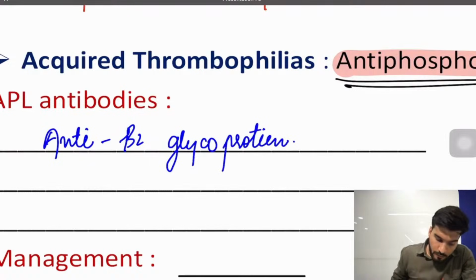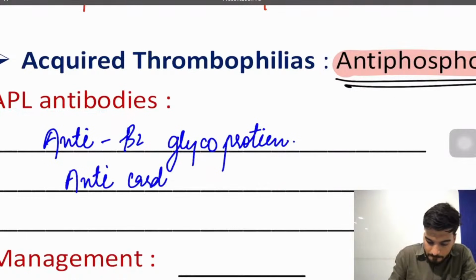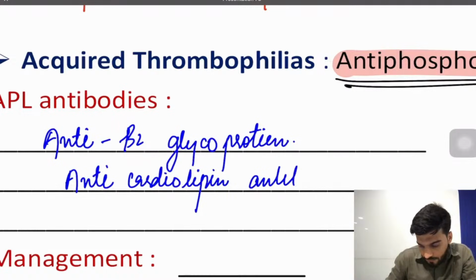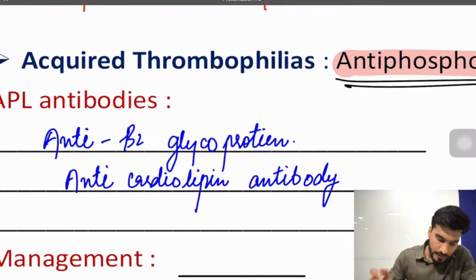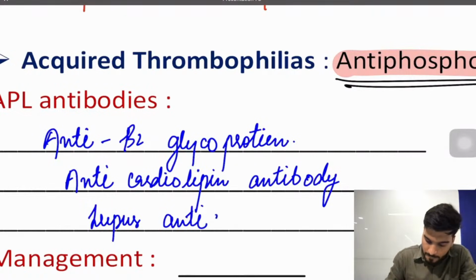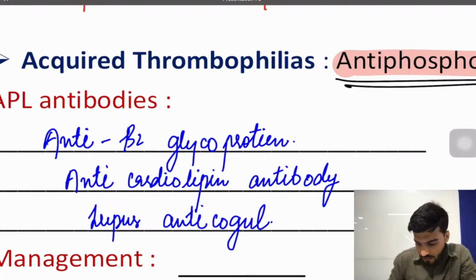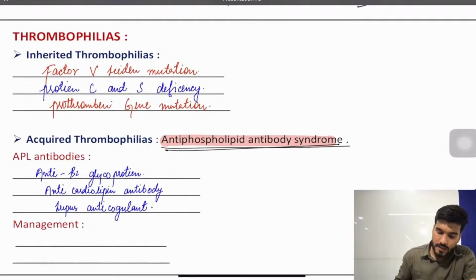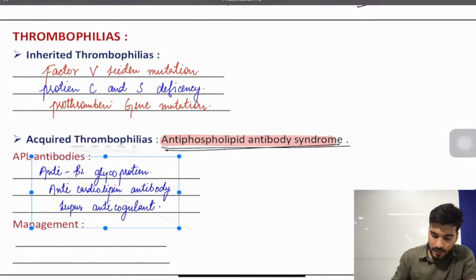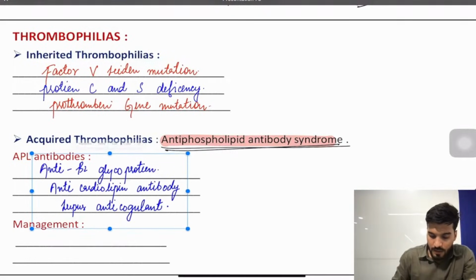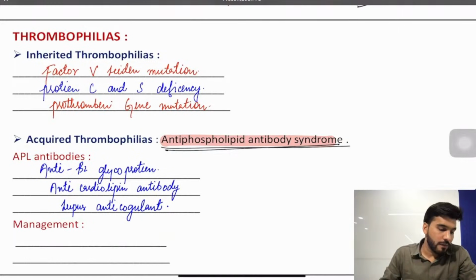Followed by that we have anti-cardiolipin antibody. And the third one we have lupus anticoagulant. So the 3 antibodies are anti-beta-2 glycoprotein, anti-cardiolipin antibody, and lupus anticoagulant.